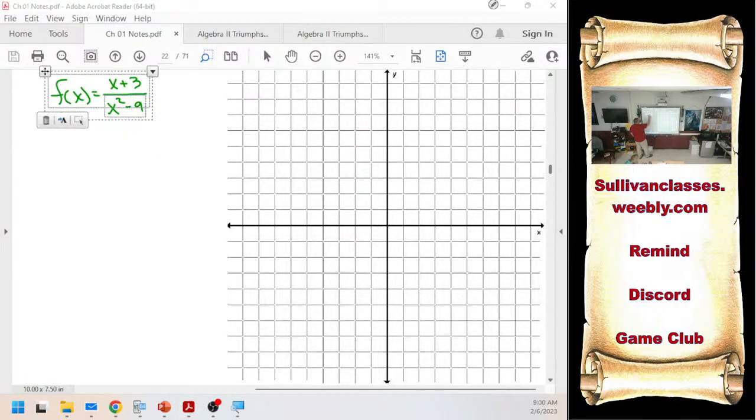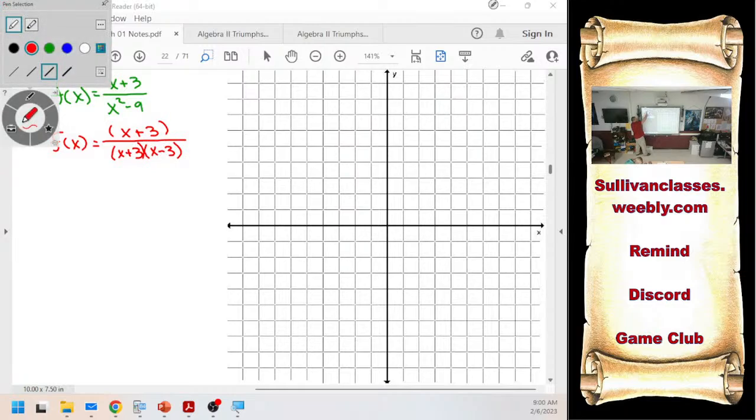If you remember from last semester or whenever you took Algebra 2, whenever I have a rational function, the very first thing I need to do is factor. So I'm going to call that f of x is x plus 3 over, and how do I factor x squared minus 9? Difference of squares, plus or minus the square roots. So I'll have x plus 3, x minus 3.